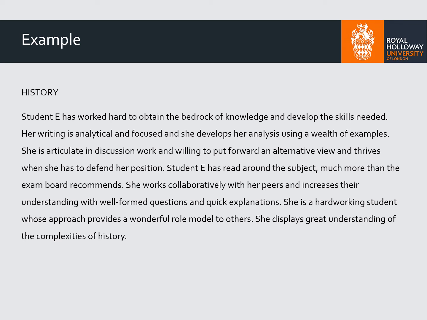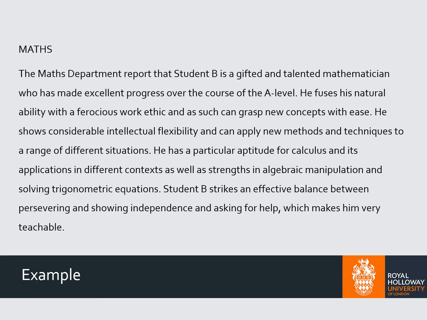So this gives you an idea of what sort of thing we're looking for in the subject report. And then this one is covering maths, where again, a very strong student in mathematics, and we've been given an idea of where the student's particular aptitude lies. So in this case, in calculus and its applications, and we can get a real understanding of how gifted this particular student is in the mathematics arena.